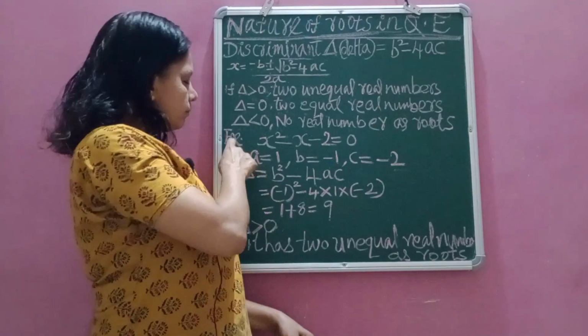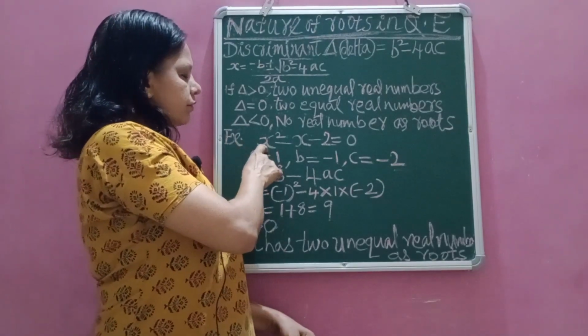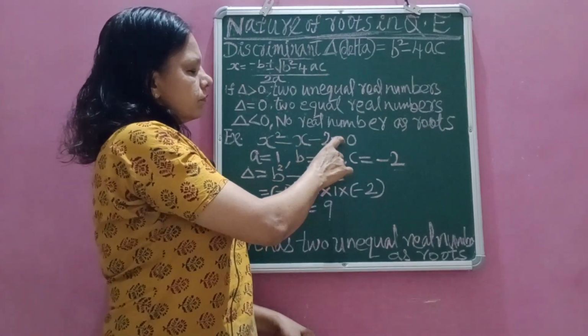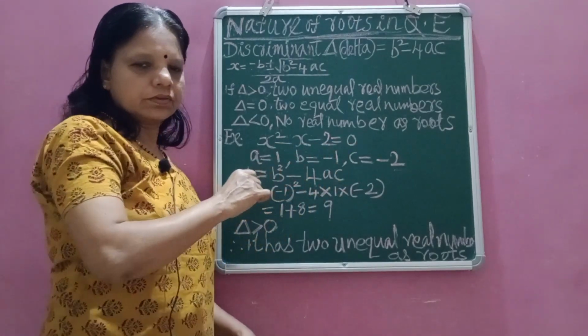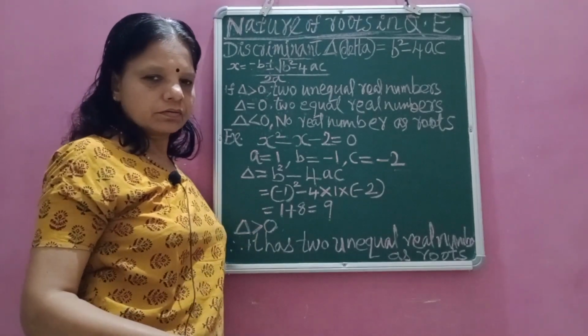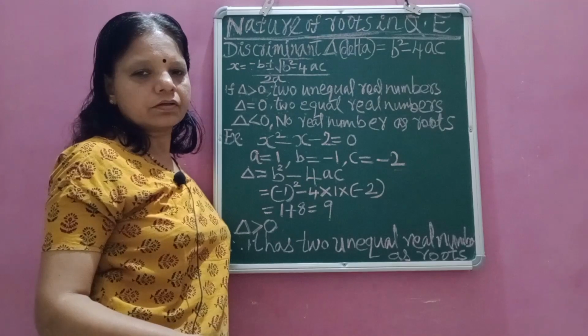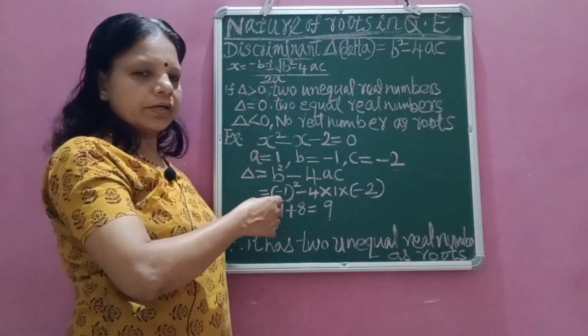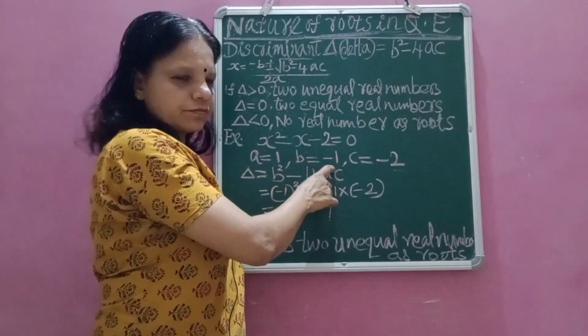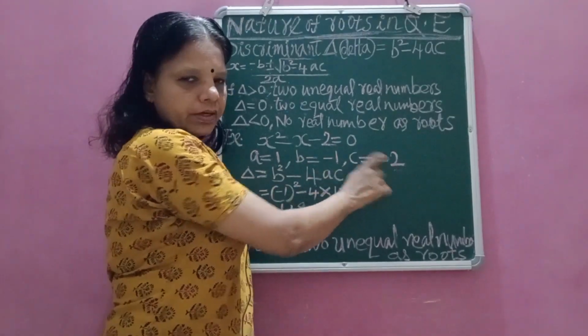Understood? For example, x square minus x minus 2 equal to 0. There is a quadratic equation. Without solving, determine the nature of the root. What you have to write first? a equal to 1, b equal to minus 1, c equal to minus 2.